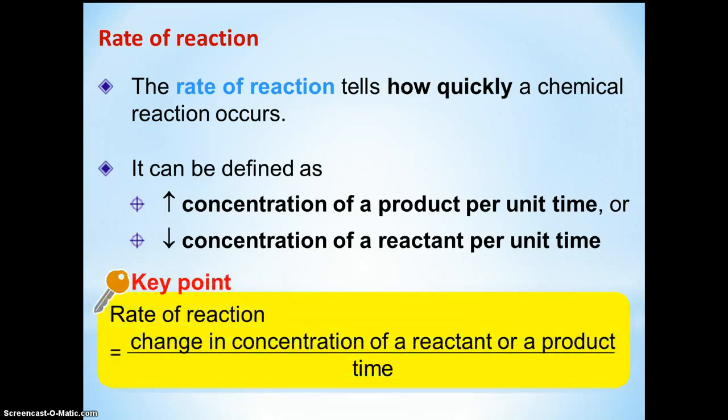So we can actually show a key point here, which is representing the rate of reaction in a mathematical representation as the change of concentration of a reactant or product over time. But it's rather interesting when we learn how to really calculate a rate of reaction.